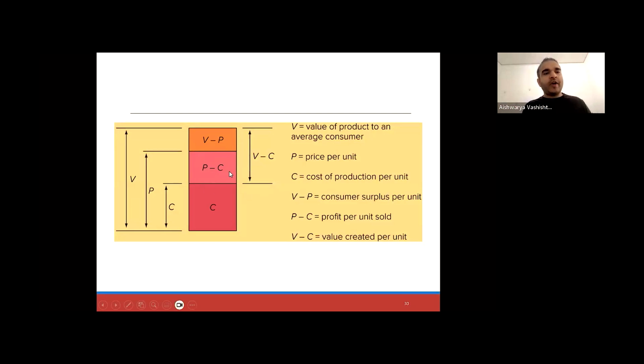But why would someone buy an iPhone for $1,200? What is this orange block? So, say I am an iPhone user, and I feel that I get a value of about $50 every day from my phone.